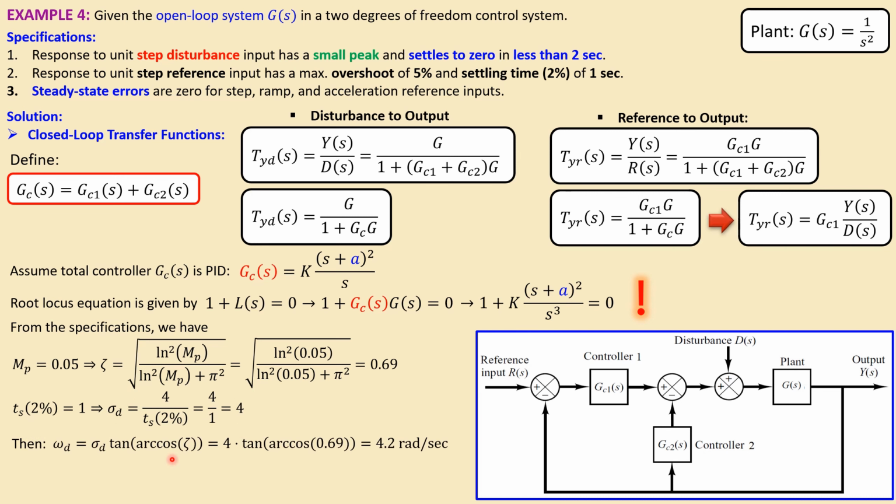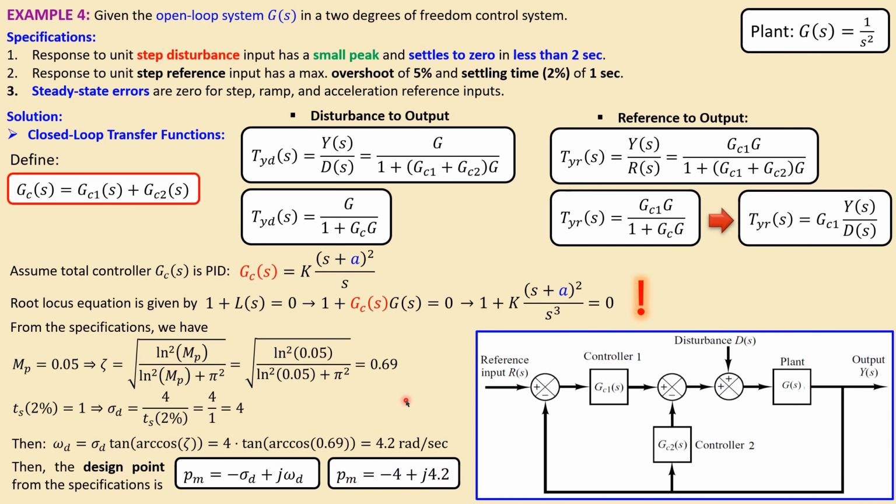Then the imaginary value: you just substitute the values we have here, and we get 4.2 radians per second for omega d, the imaginary value of the design point. The design point is given in general form, PM equals minus sigma d plus j omega d. Substituting everything, we have minus 4 plus j 4.2. This is an important step again.